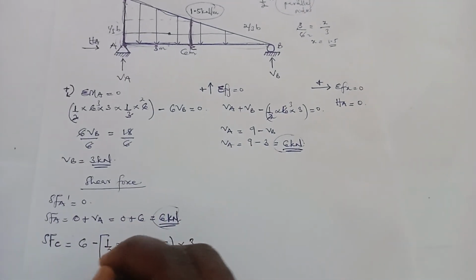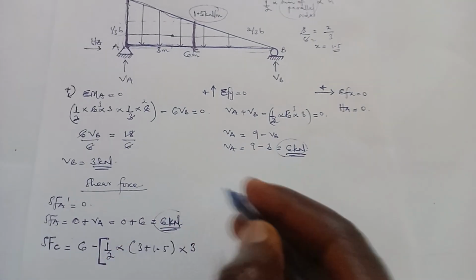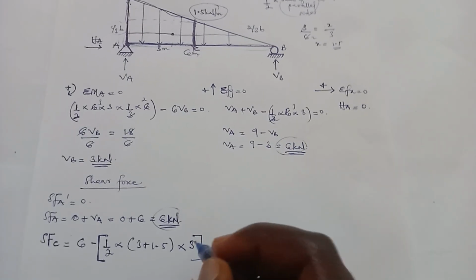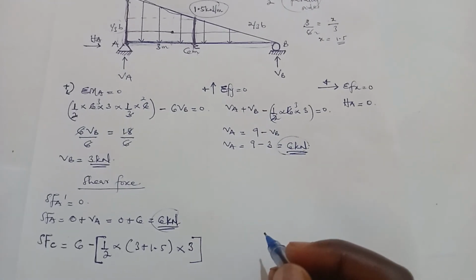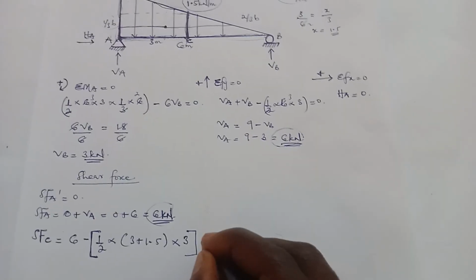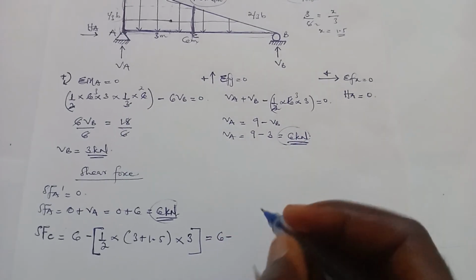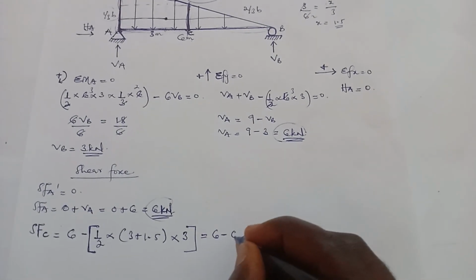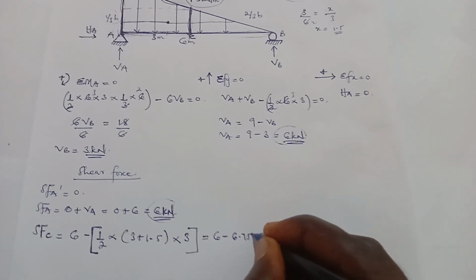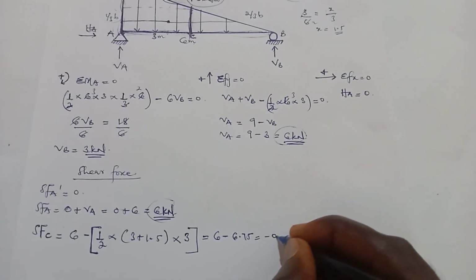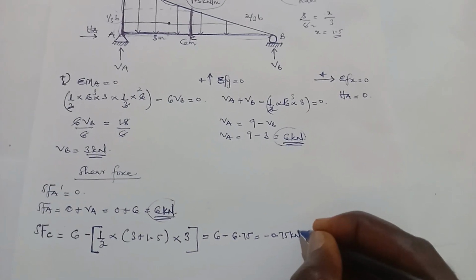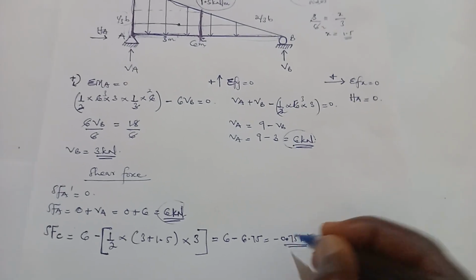So this will give us the area of the trapezium, and that's all that we need. The area will give us the force. Good. So when we solve this, we're going to get 6 minus 6.75, and this is going to give us negative 0.75 kilonewton, and that's the shear force at C.